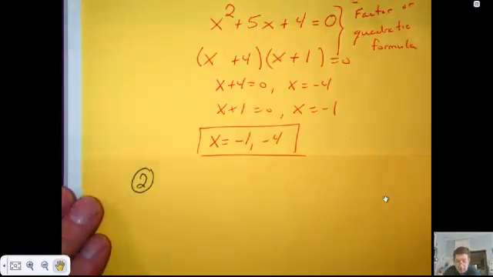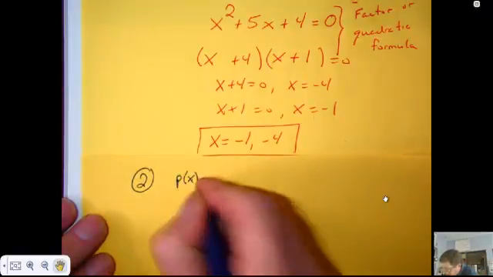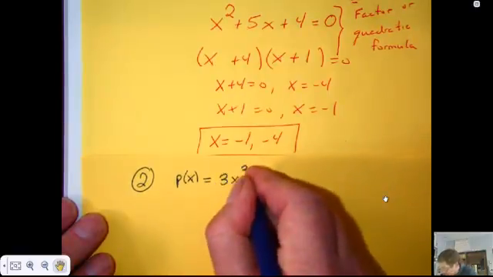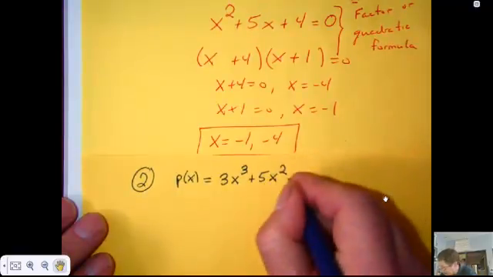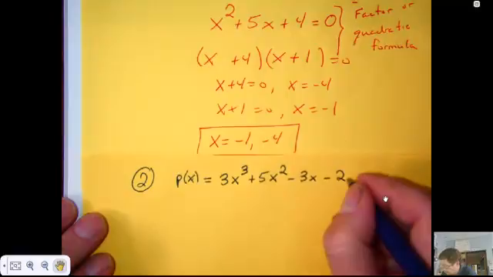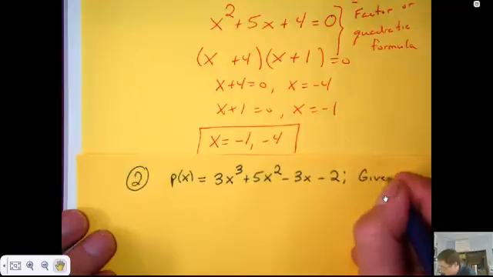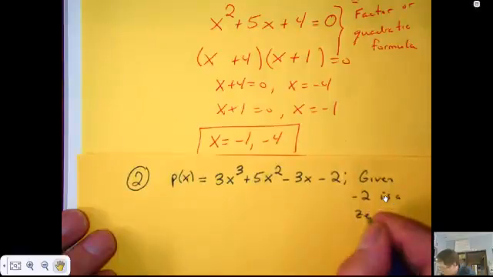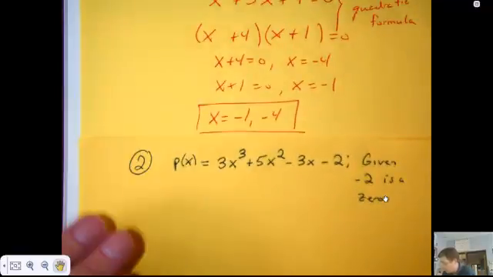So in question 2, again, we're given a polynomial, p of x this time is equal to 3x cubed plus 5x squared minus 3x minus 2, and we're given that negative 2 is a 0. And same directions, I want to find the remaining zeros.